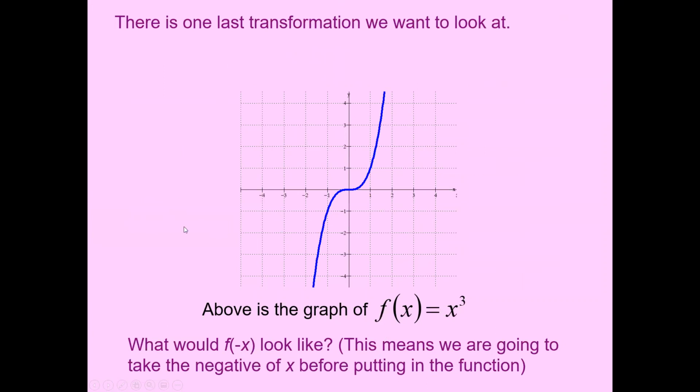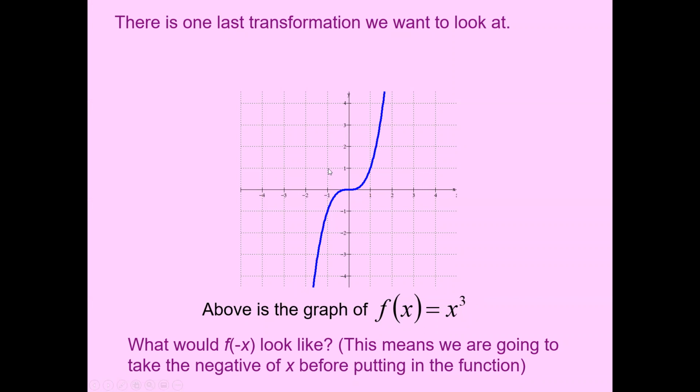In this case, I want to know what happens when the negative is inside the actual function. This means we're going to take the negative of x before putting it in the function. So if this x is a -1 and I plug it in here, that's a -1 times a -1, which becomes a +1, and 1 to the third power is 1.